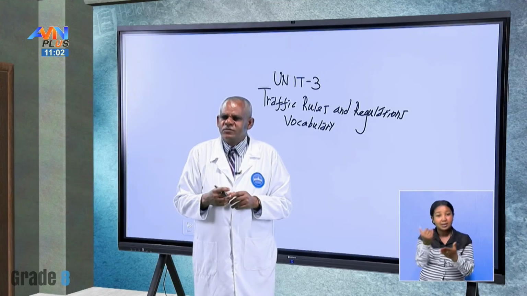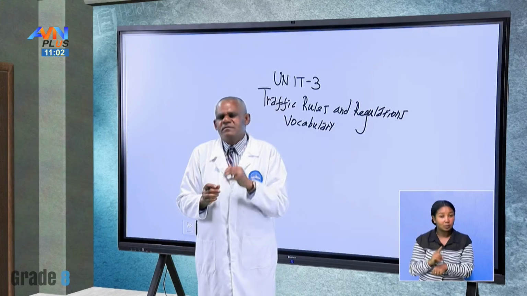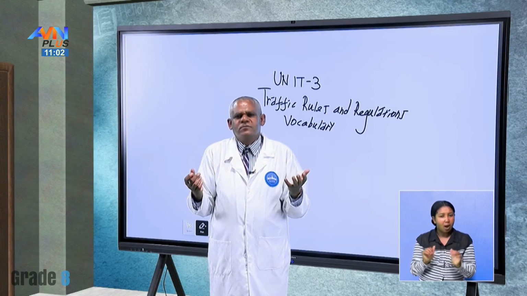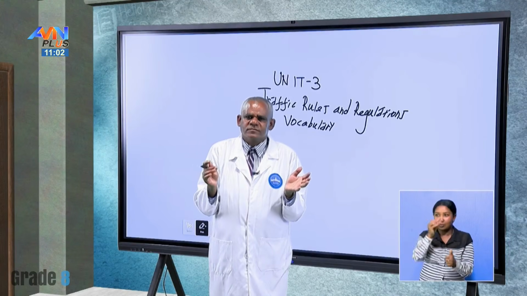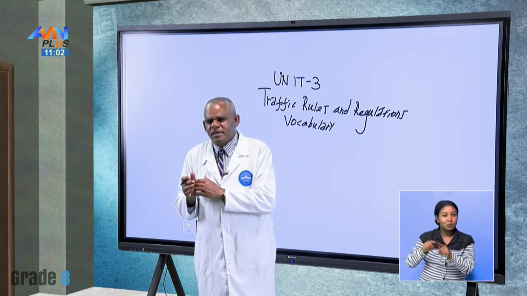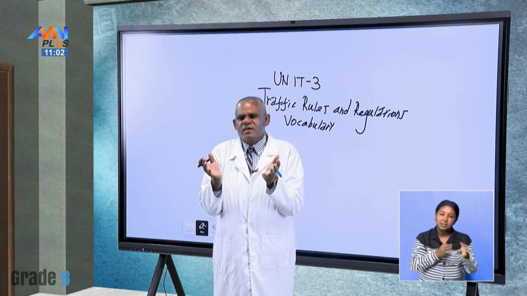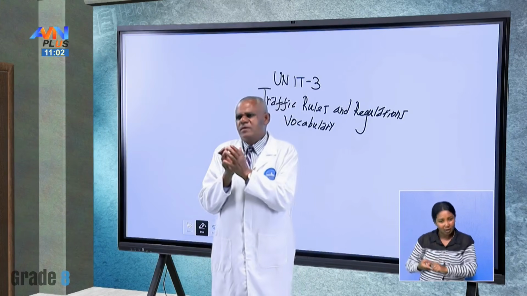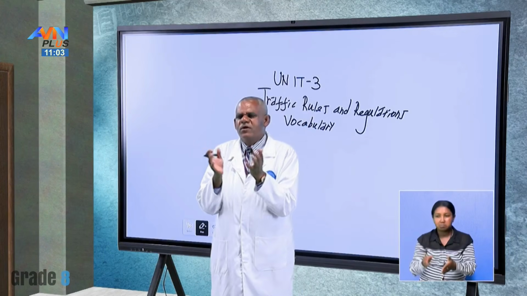Another important issue we have seen in that topic was how you describe your classrooms, to describe a person, a place, or an event. Describing a person may mean your friend, your parents, your teachers, whoever it is.